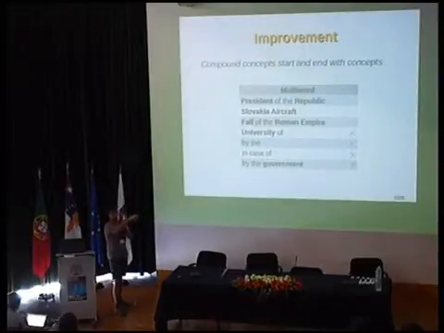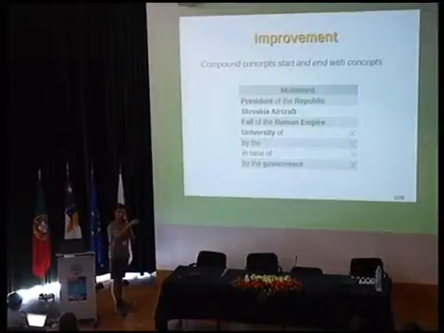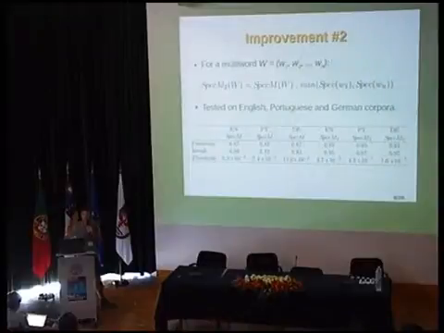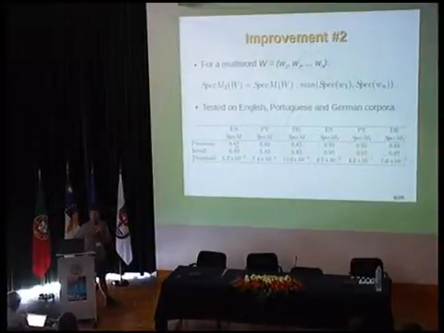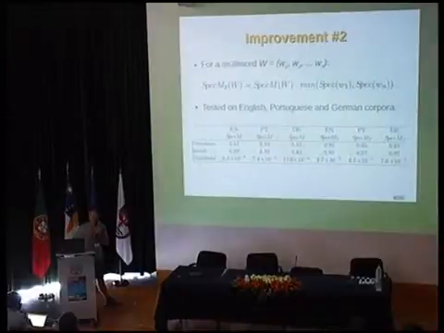Sequences of words like by the government, since by is a word which is not very specific, the minimum will push the specificity of by the government lower. So, as you can see, we have here precision and recall for the previous work, spec M, and then for this spec M2, with just the multiplication by the minimum.